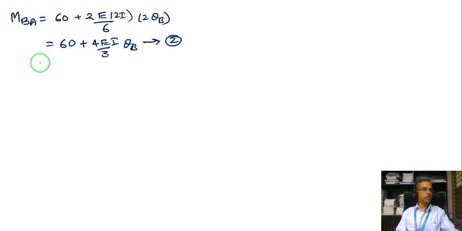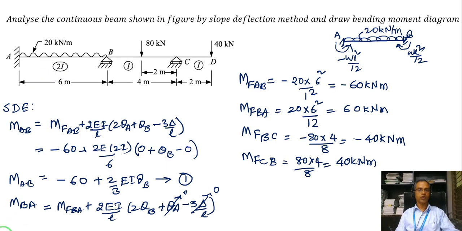So now let us go into the next span, MBC. So span BC, we know there is a rotation at B and there is a rotation at C. Both the joints have a rotation.